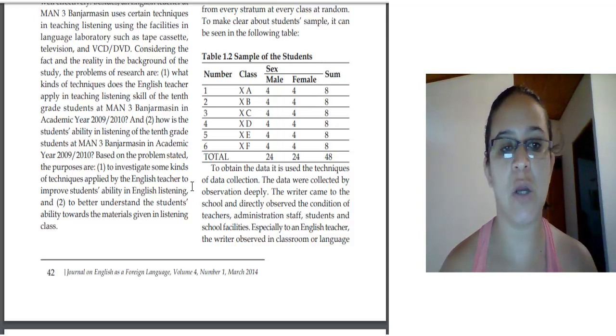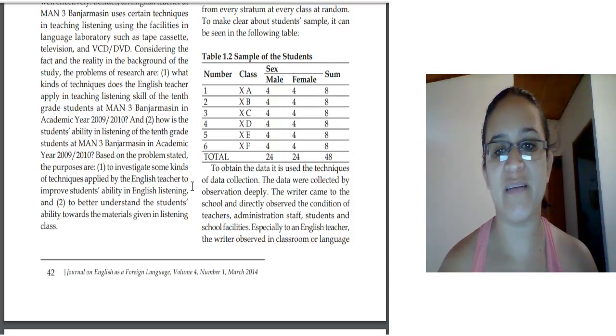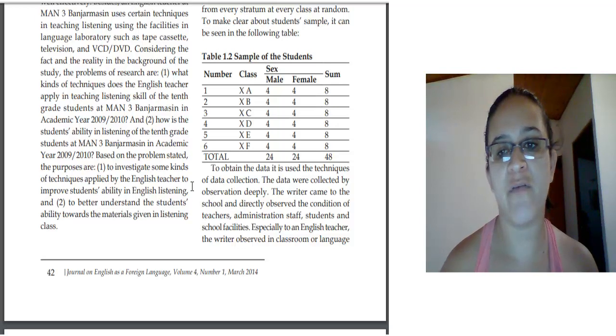Other elements that illustrate the type of methodology used in our research are the type of data that has been collected, the instruments used, and the way the data is analyzed.